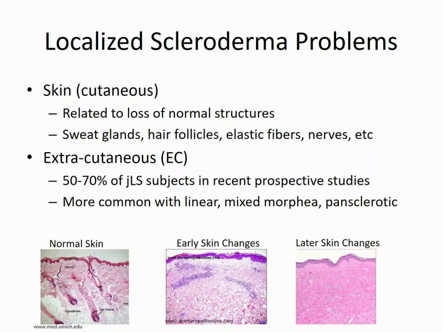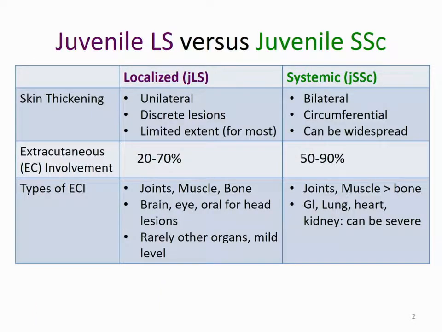Okay, great. So with the systemic form, we have more widespread skin involvement. Typically it's more circumferential, but it depends on the subtype. For both forms, we have extracutaneous involvement, which is one of the major issues.